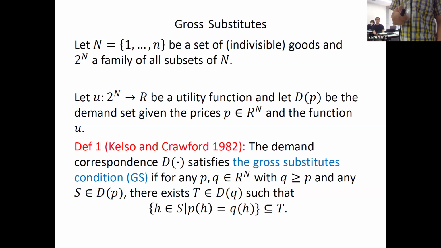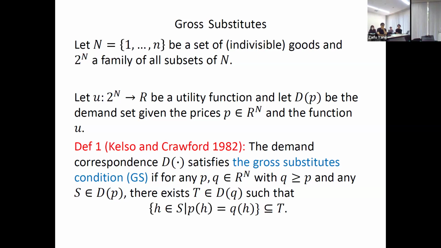So now you consider two prices P and Q, and you increase the price of some items. What this condition means is that at price P, you have an optimal bundle S. Now you have increased the price of some items, but you will continue to demand those items whose price has not changed.